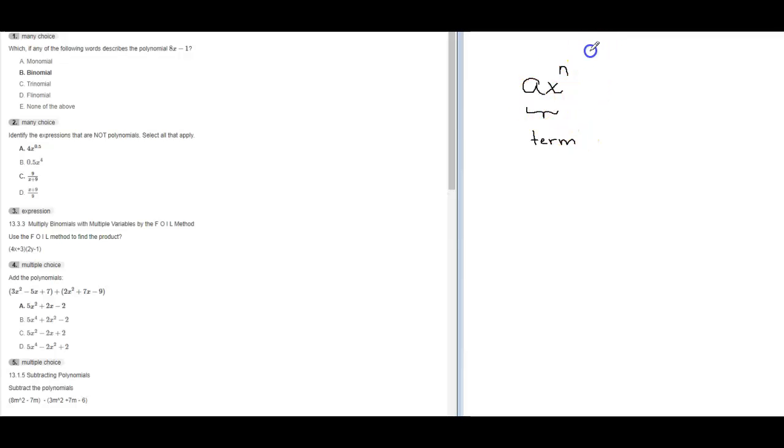Okay, the exponent of the letter x, or of any variable, is going to be a whole number. In other words, it can be 0, 1, 2, 3, 4, 5, etc. Okay, the exponent cannot be negative. The exponent cannot be a decimal. The exponent cannot be a fraction. It only can be a whole number. Okay, and that's the exponent of the letter x.